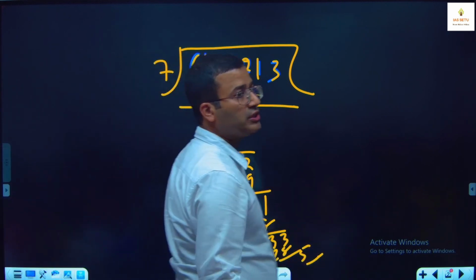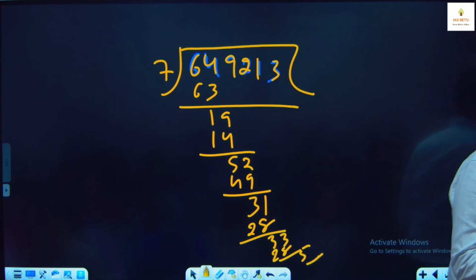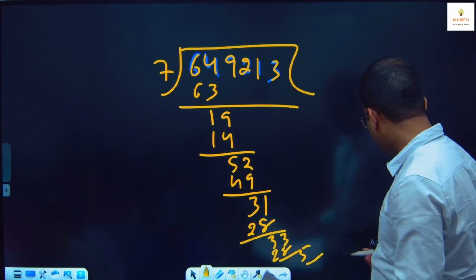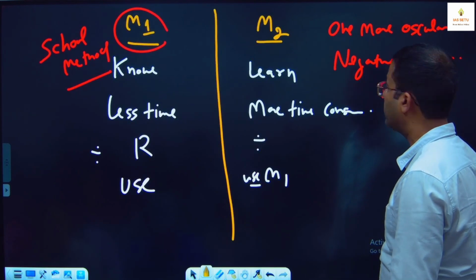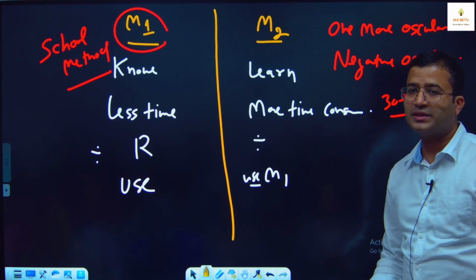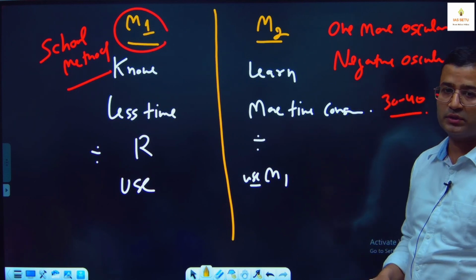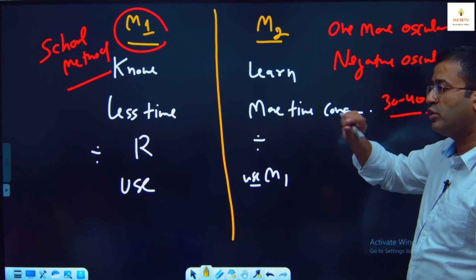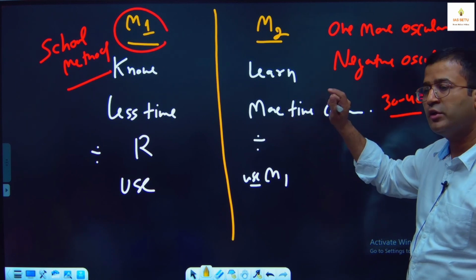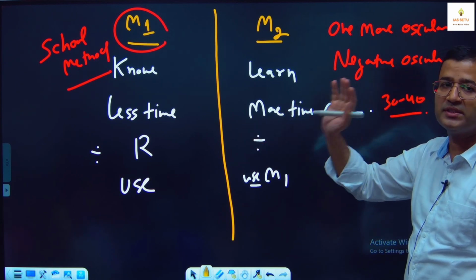Let me discuss question asked in UPSC previous year where I use school method only. And I tell you for this, if you are in favor of this one more oscillator, after the class some students say sir बता ही दो, थोड़ी सी curiosity होती है. I will put a video on YouTube. ठीक है, लिख दूंगा उस पर one more oscillator, negative oscillator, and don't see that video. और उस पर सबसे ज़्यादा view आएंगे.